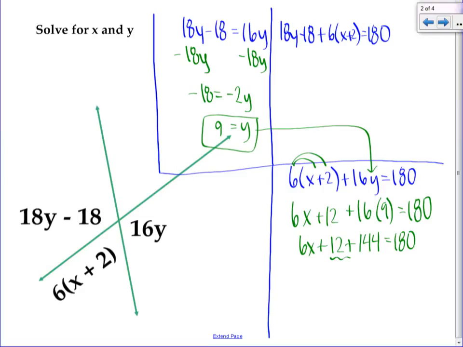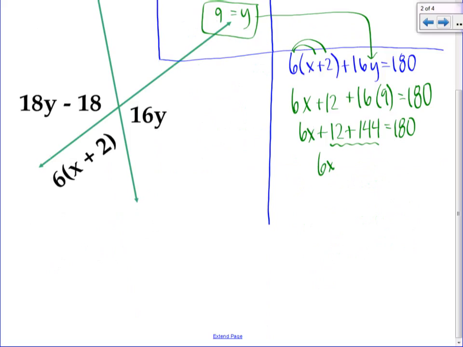Okay, combine like terms right here. 156. We'll just keep on solving. What is this? 24?